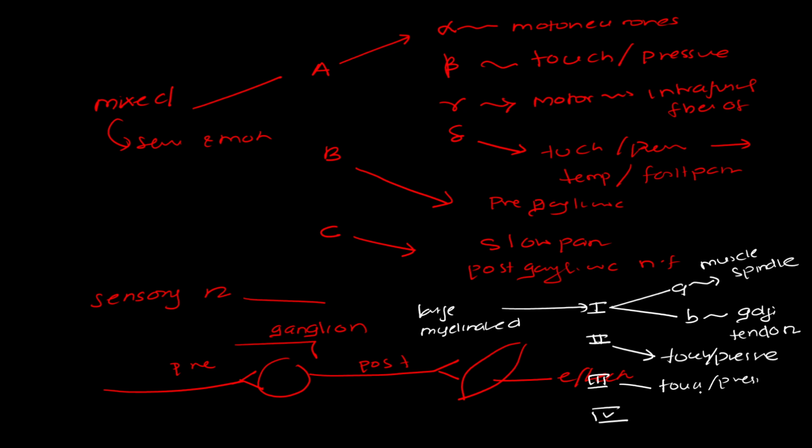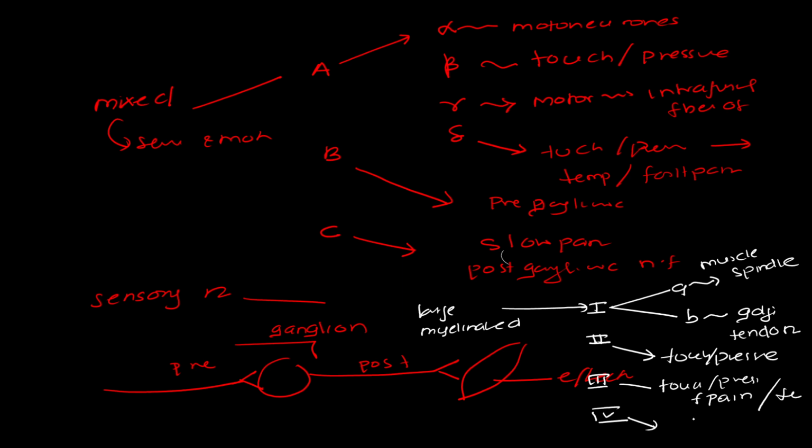fast pain and temperature. Now these are the same types that were initially thought as A, B, and C. However, the sensory fibers are further classified by giving their number according to the myelination as well as the rate of conduction that you can see in these nerves. So touch, pressure, fast pain, and temperature.